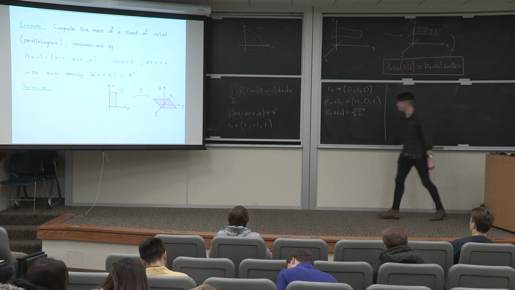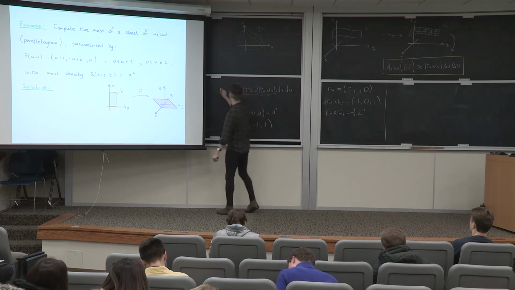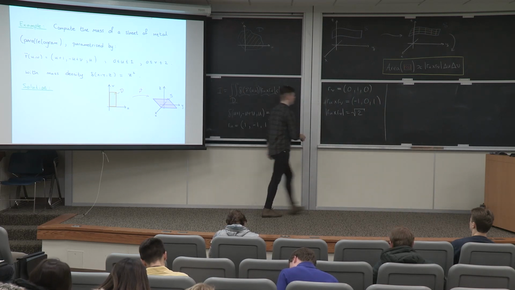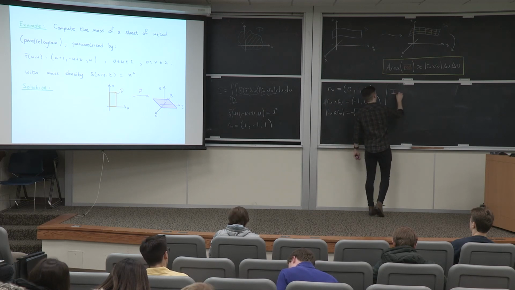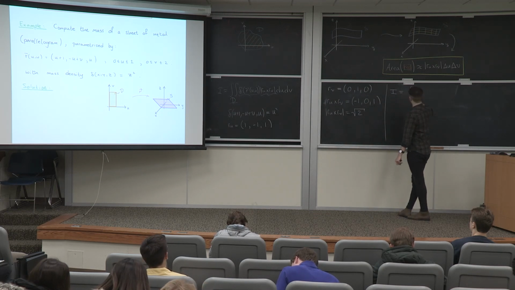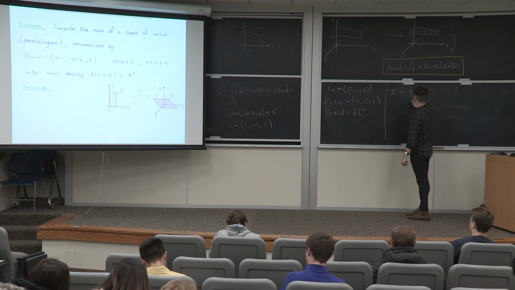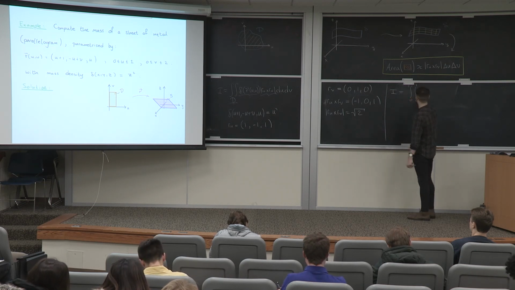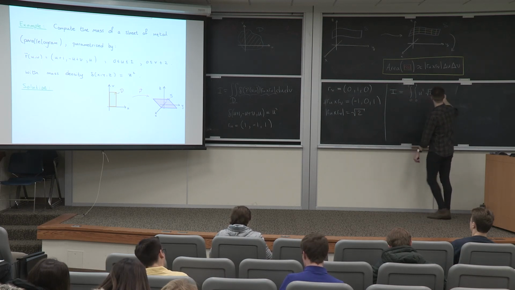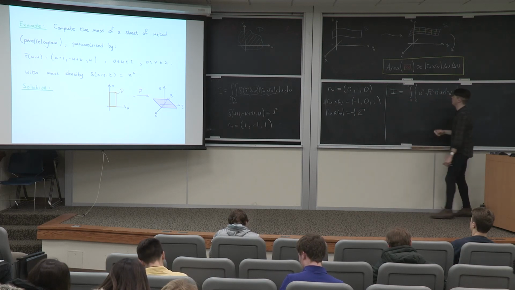Okay? So, if I call this I, then I equals the integral over D, where u goes from 0 to 1 and v goes from 0 to 2, of u squared times root 2 du dv.